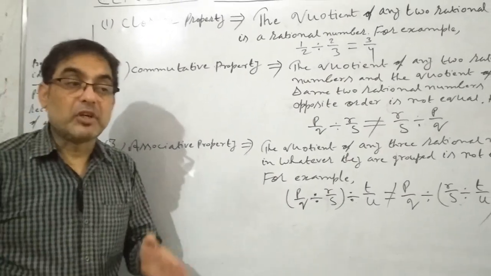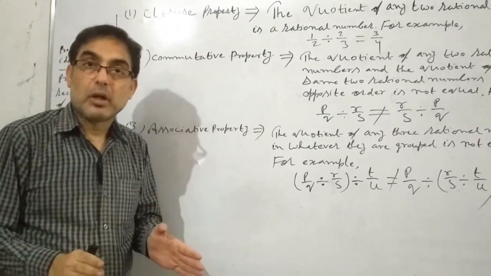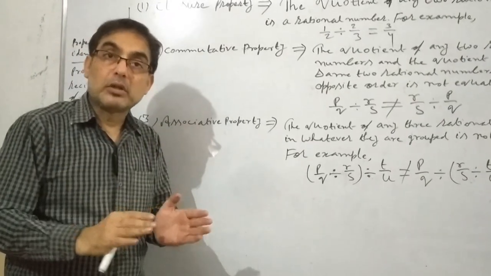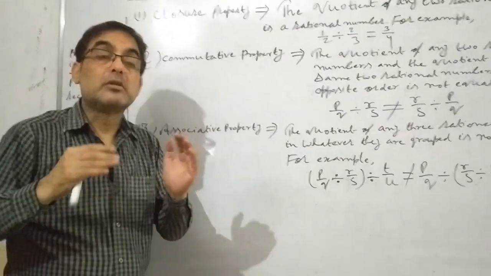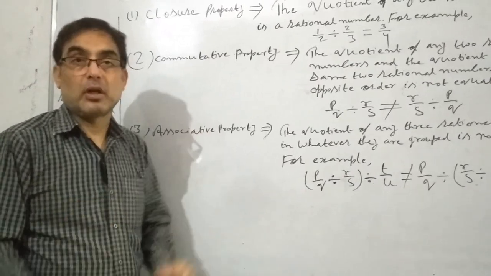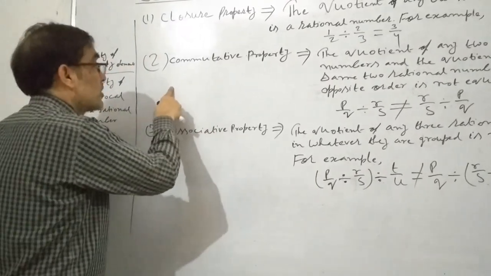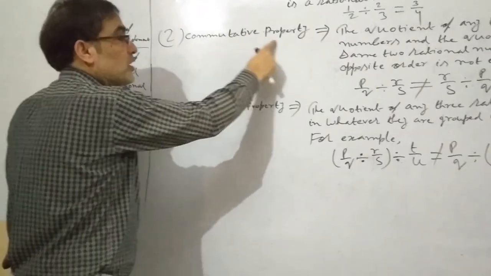It means when we divide a rational number by another rational number, then the result will also be a rational number.